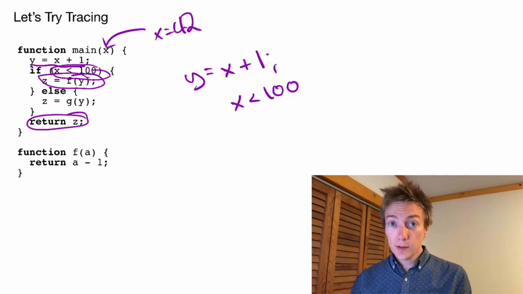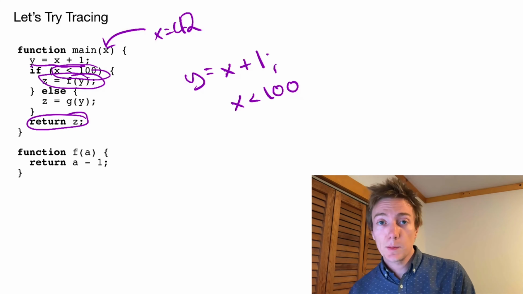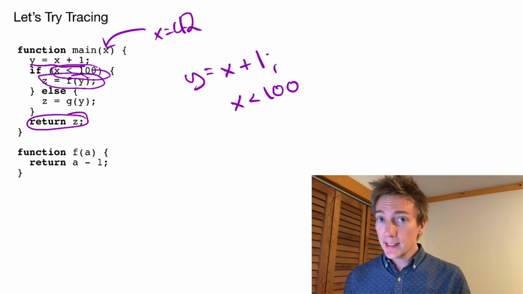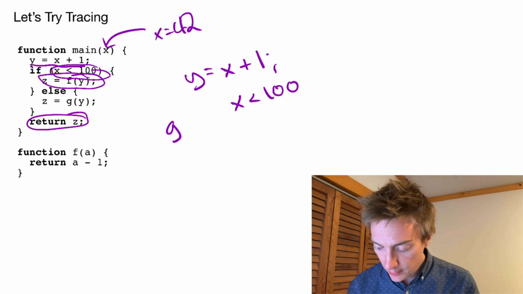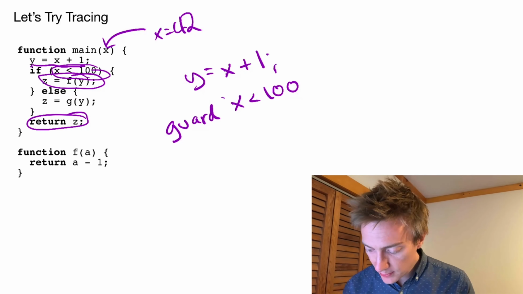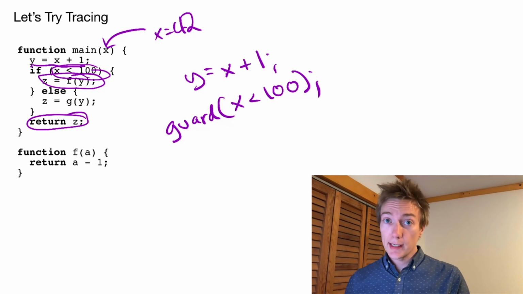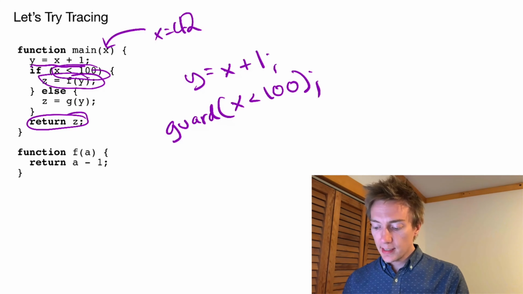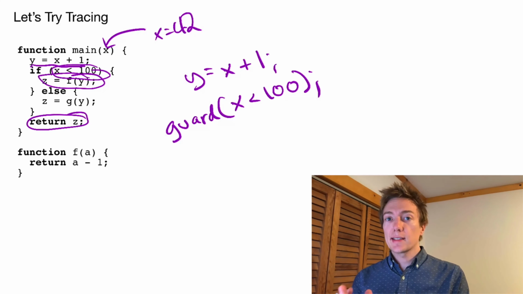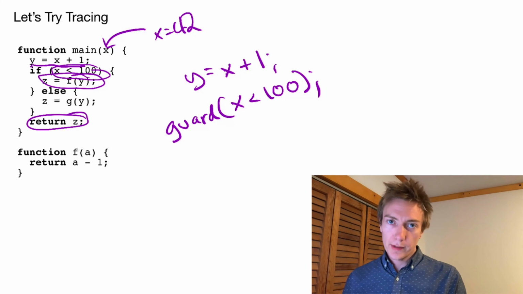So the typical thing that tracing JITs do is introduce a special statement called a guard. It says, in the emitted trace that we get out of this program, abort here if this condition is false. If it's true, then just keep on going through the straight line code.